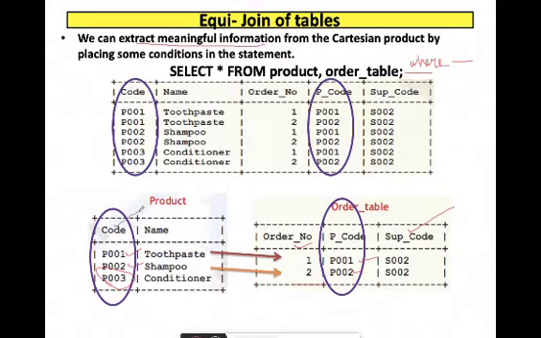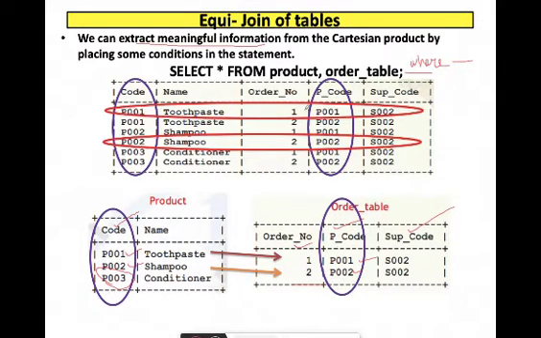Here the code column and here the p underscore code column. This is the common column between the two tables. So wherever in the result of the cross join these two are matching, like here if you see P001 is matching with P001, P001 is not matching with P002, will not pick this.